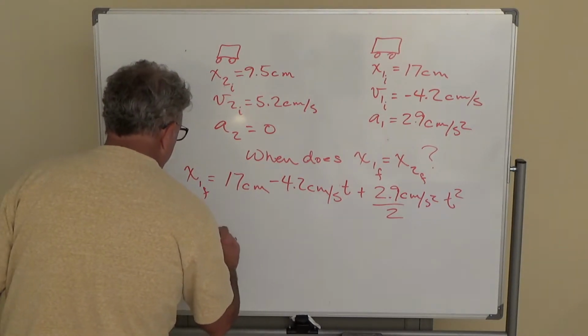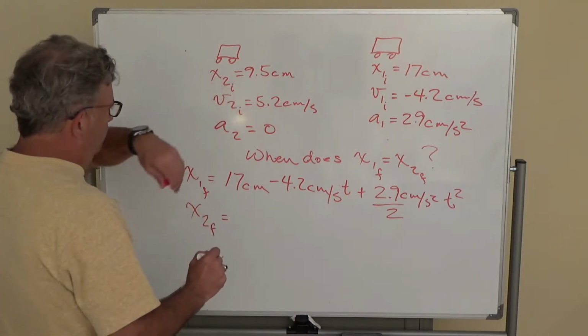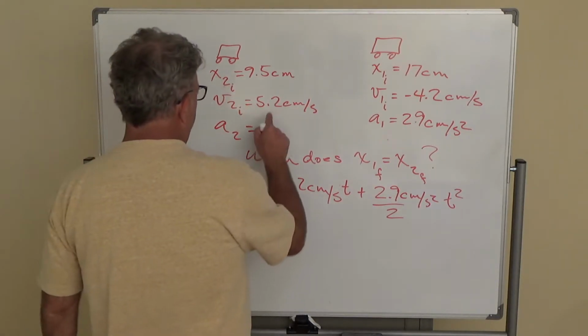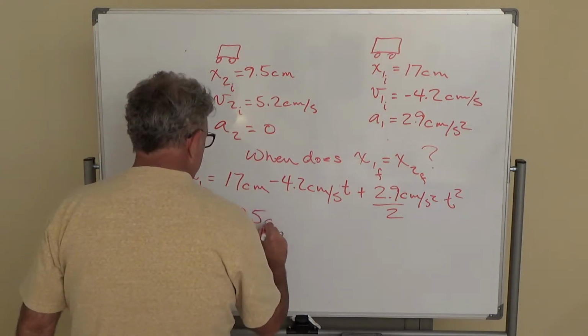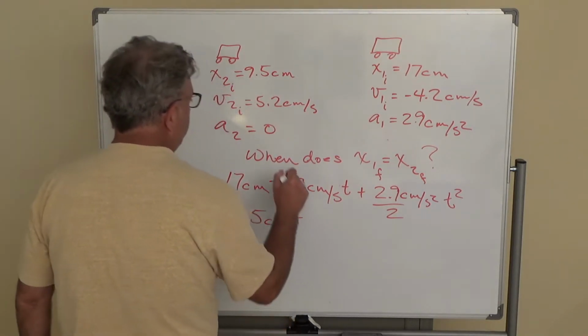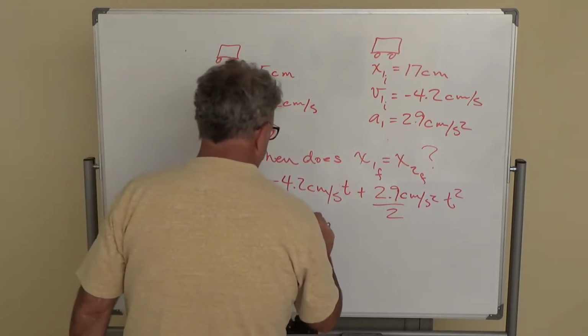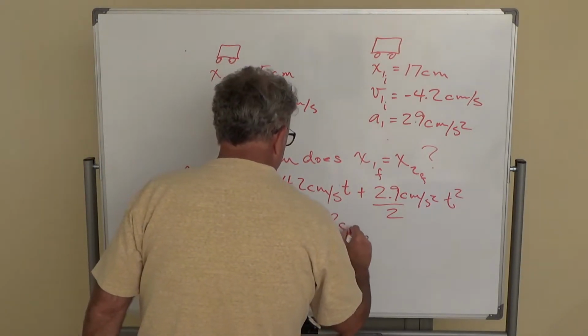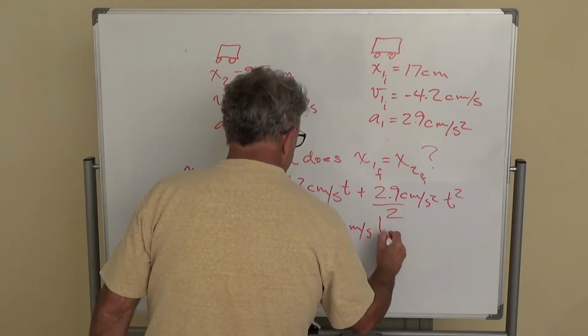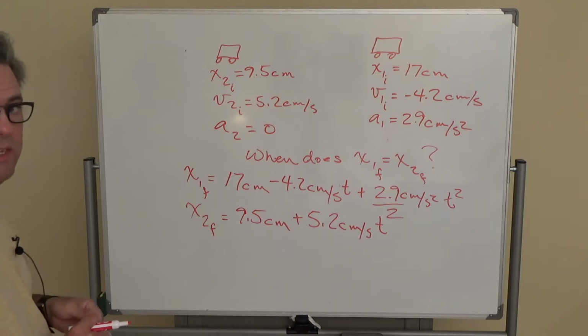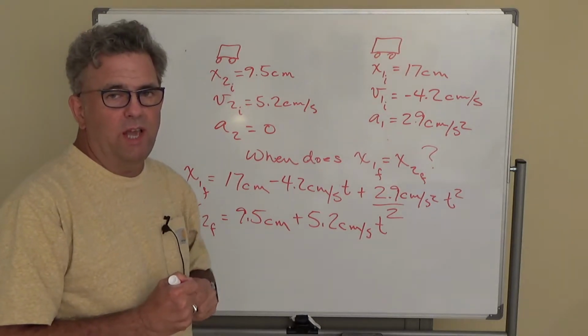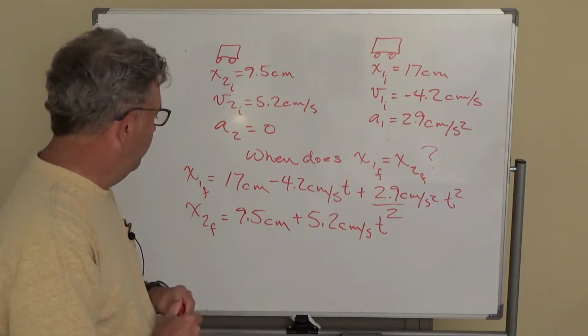For car 2, that's pretty simple. x2 final is equal to 9.5 centimeters plus 5.2 centimeters per second times t. No acceleration. That's just the velocity times time.